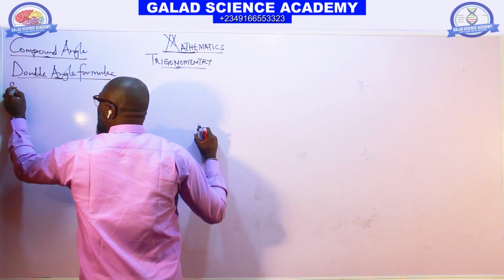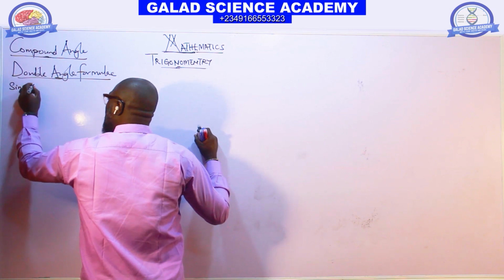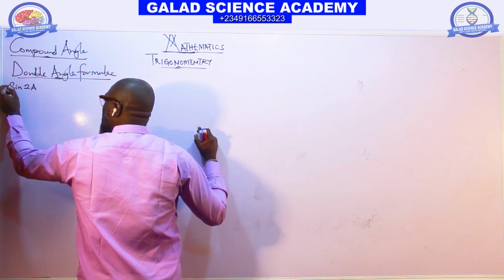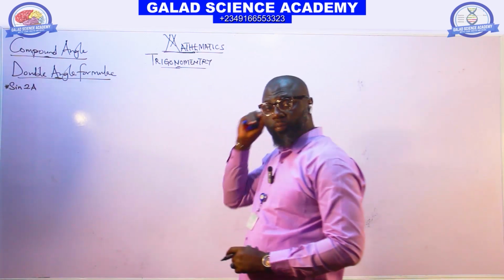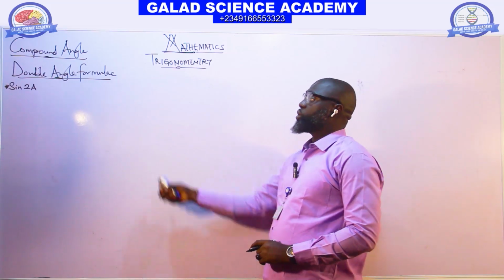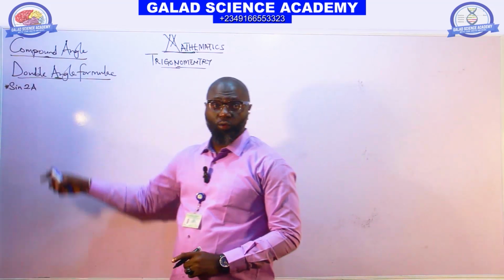We say we have sine 2A. We are given sine 2A. So this is the double angle of 2A.